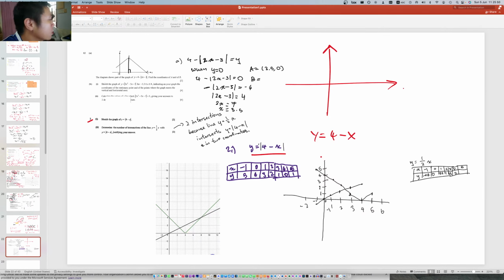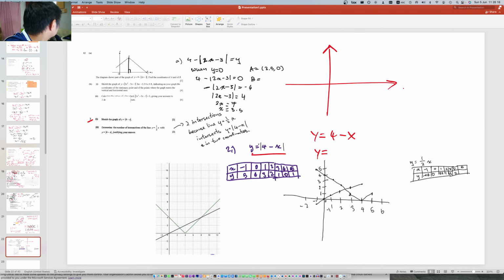Then after that, you try to flip the negative. You talk about below the x-axis: you just flip the below x-axis part above. The negative x, don't care. Like I say, this modulus sign only affects the y value.